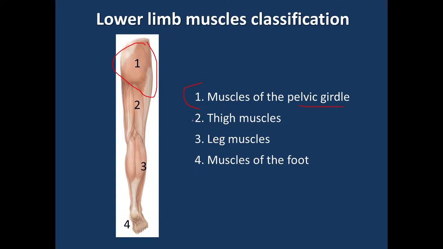The second group is the thigh muscles. Then muscles of the leg and foot muscles. So there are also four groups as in the upper limb.